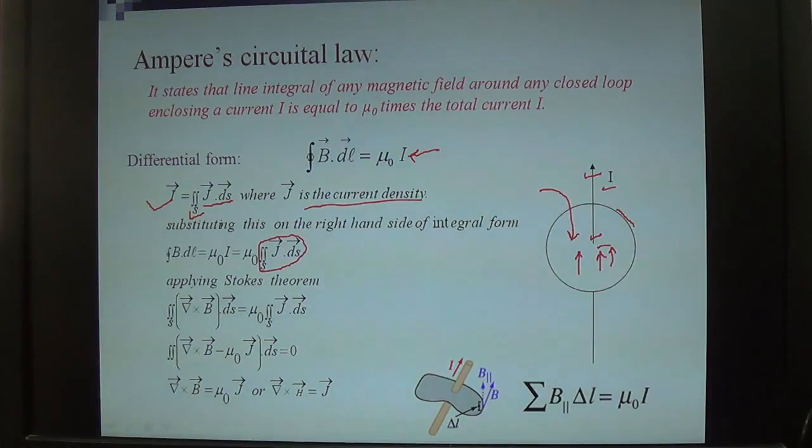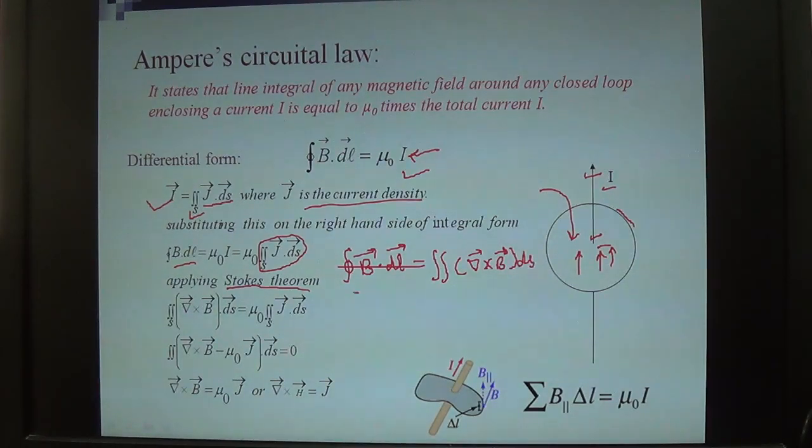Now putting this value of I into the equation, it becomes mu naught times the open surface integral J dot ds. Now I apply Stokes theorem. The left hand side, closed path integral B dot dl, is equal to the open surface integral of the curl of the same field B, curl of B dot ds.